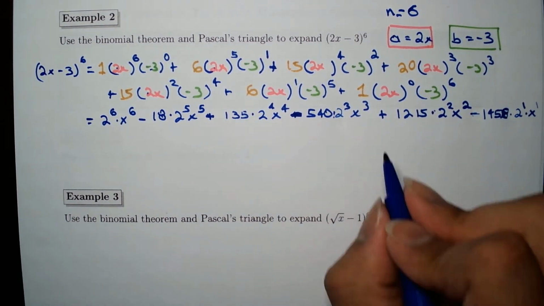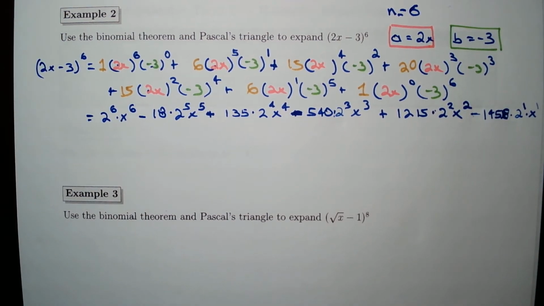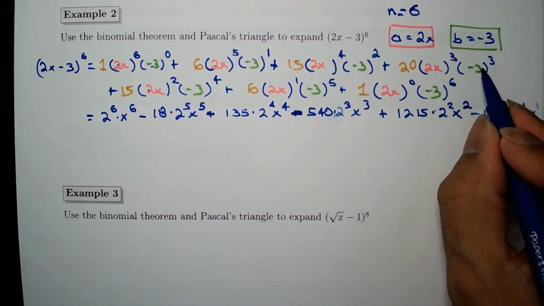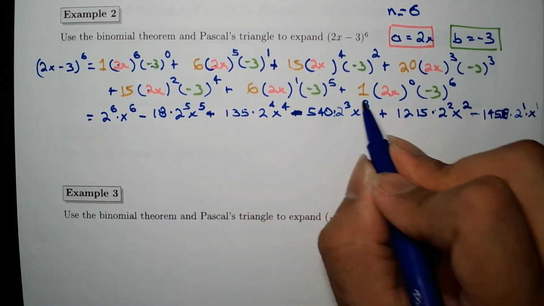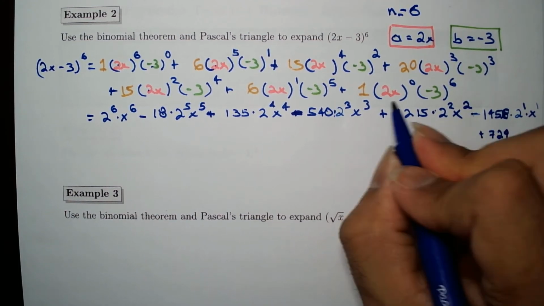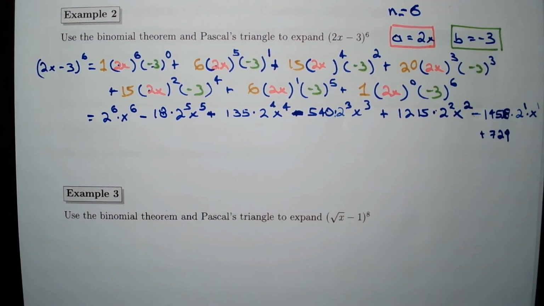Okay, and then the last term, that's going to be negative 3 times negative 3 to the 6th power. So 3 to the 6th power, that's 729. 729 times 1, that's 729. And then 2x to the 0 power is simply 1. I'm not going to write that one.